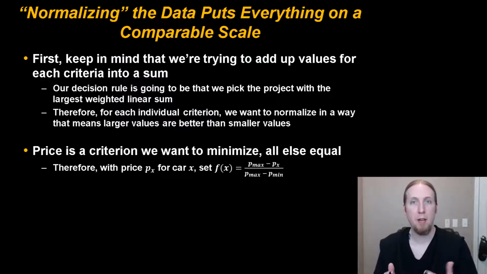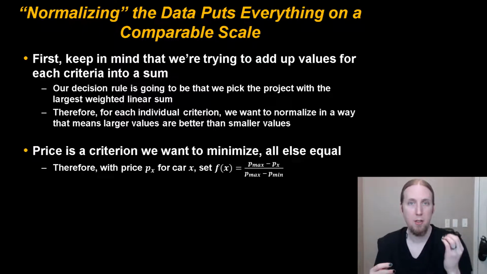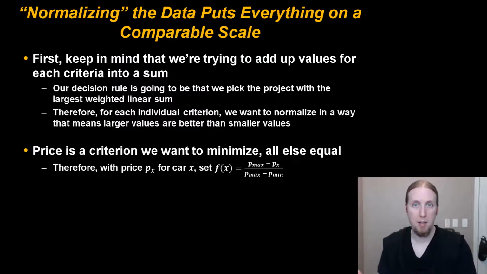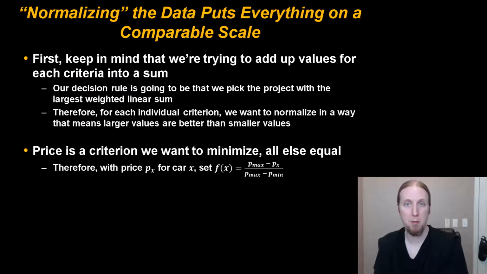So we're going to look at the price p sub x for a car x, and we're going to construct our metric function for price, f of x, as being equal to the difference between the maximum price of a car among all of the cars that we're considering and the price of car x. And then we're going to divide by the difference between the maximum price and the minimum price among all cars we're considering.